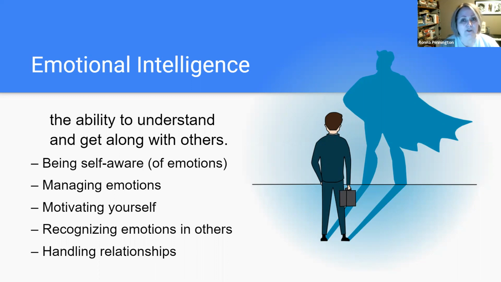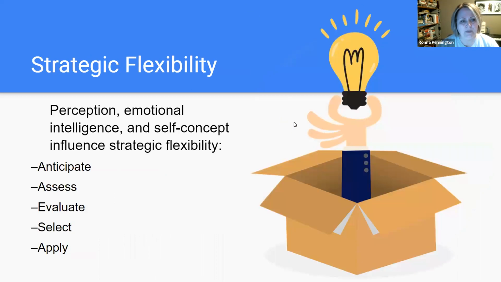It also allows you to revert to your strategic flexibility mode, where you start to assess the situation and reevaluate, where you think on your feet on how to get out of this situation that maybe you've talked yourself into. And it's also part of handling relationships in general. Again, strategic flexibility, we've talked about it in several different lessons now.